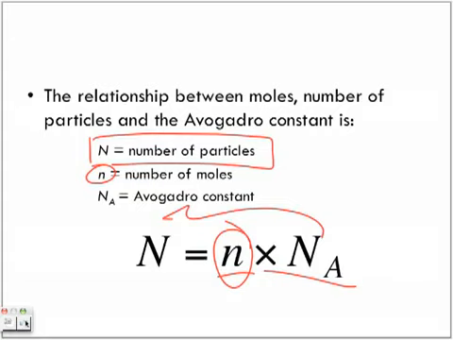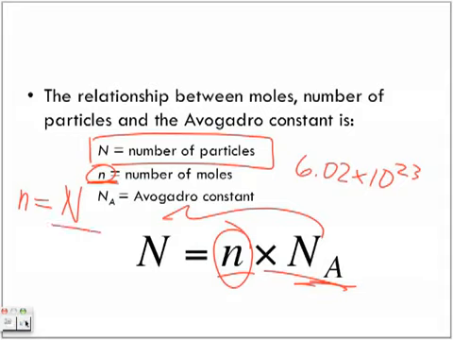And obviously, we don't really need to find that because the Avogadro constant is 6.02 times 10 to the power of 23. So if we needed to find the number of moles, we isolate for n, and we get the number of particles divided by the Avogadro constant. You use this equation.